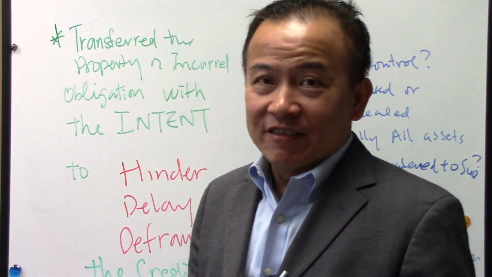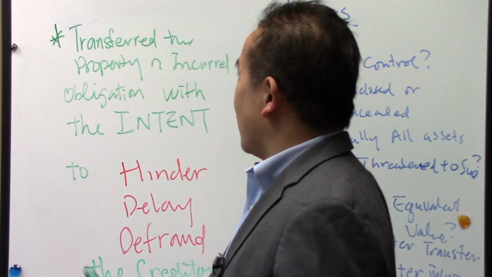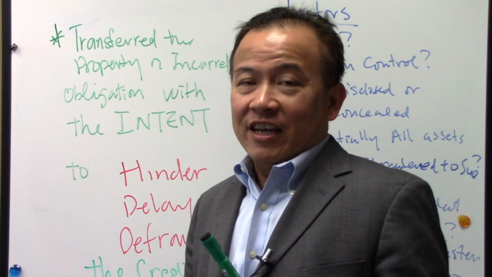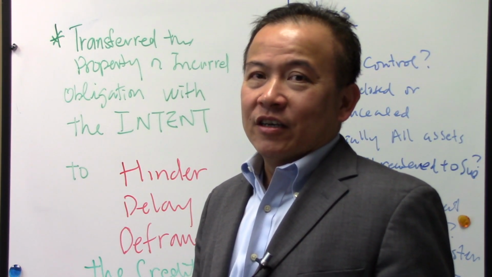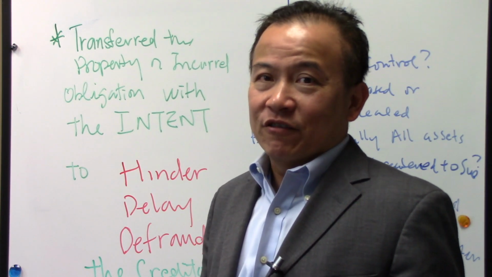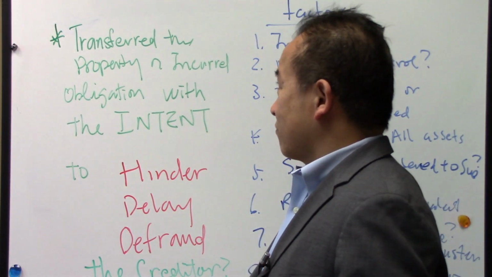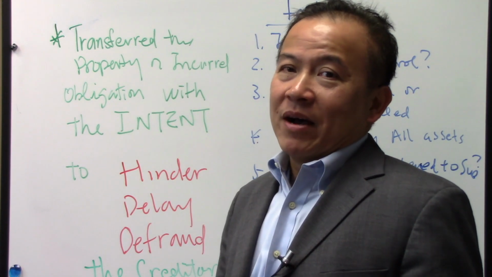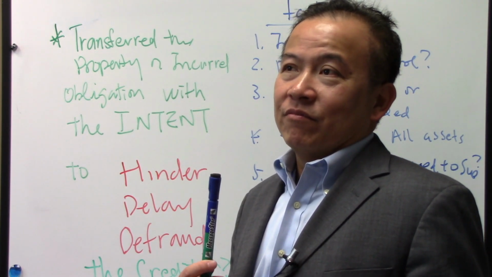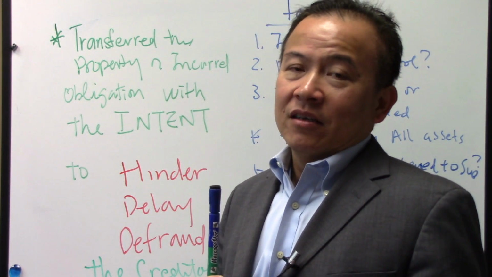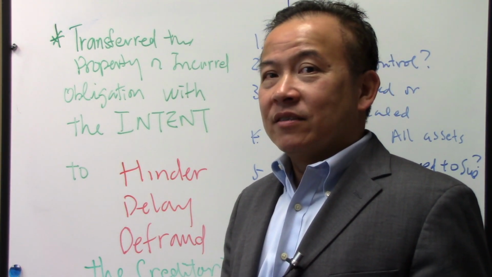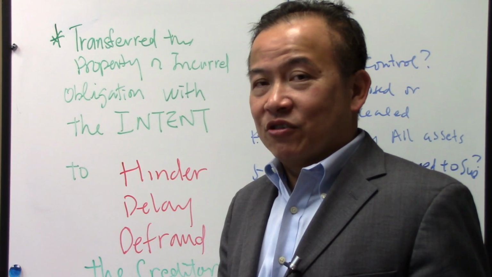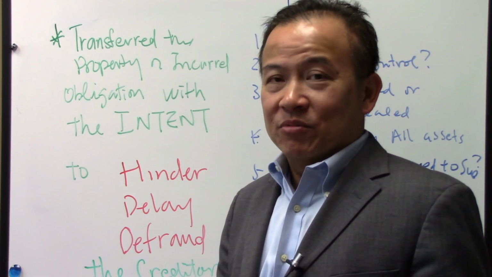I think last video we talked about fraudulent transfer, and it was 5 elements that the creditor has to prove to be successful in a fraudulent transfer action. And we talked about when it's okay to plan your assets from a regional creditor, and when such planning or such transfer becomes too late.